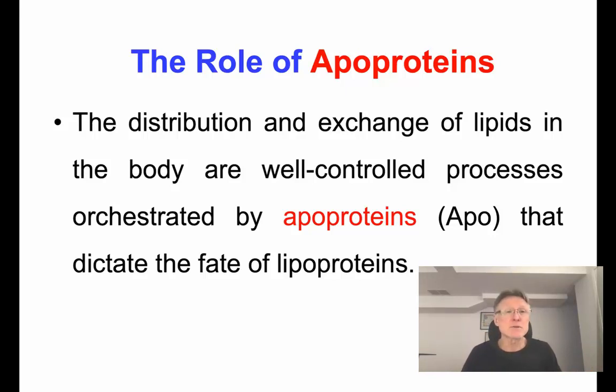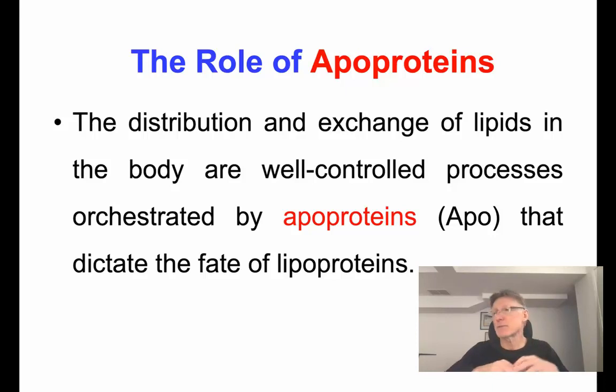They're important for the distribution and exchange of lipids in the body, and also for the well-controlled processes that orchestrate how the exchanges occur. So the apoproteins, or apo, are the ones that dictate the fate of lipids in your body.